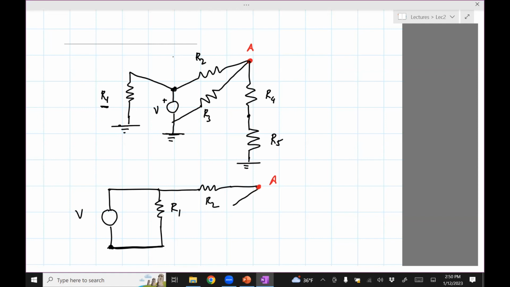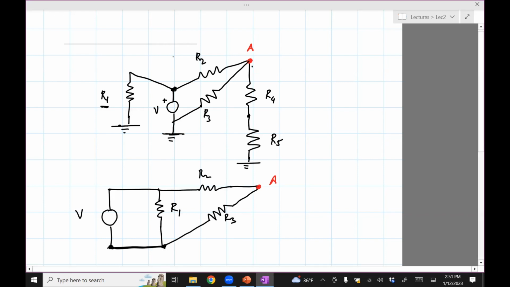So R3 goes this way. It follows the same logic. A is connected to R3 to the ground, and they have not made any error in drawing that, because it's connected to the ground as shown.